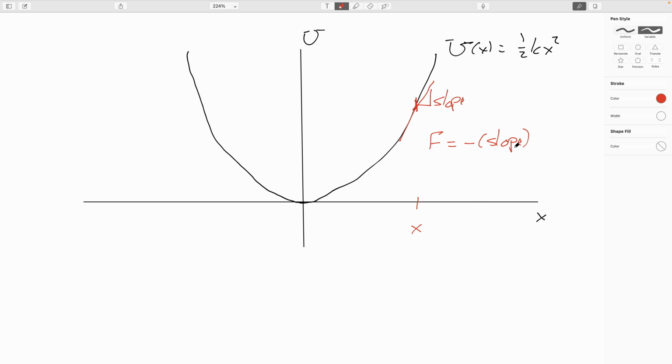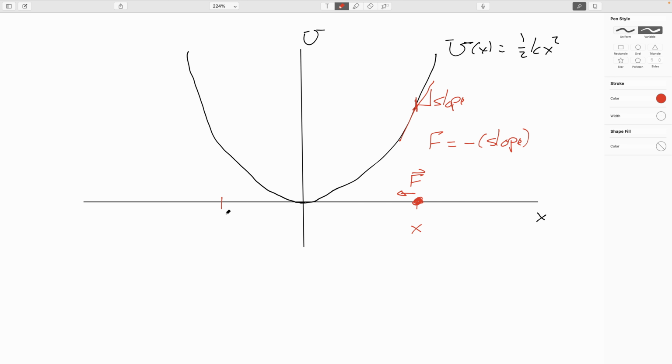So this will tell us what the force is trying to do. If I actually have a particle located here, I see the slope is positive, but the force would be negative of the slope. So that means that it would be feeling a force trying to push it over to the left.